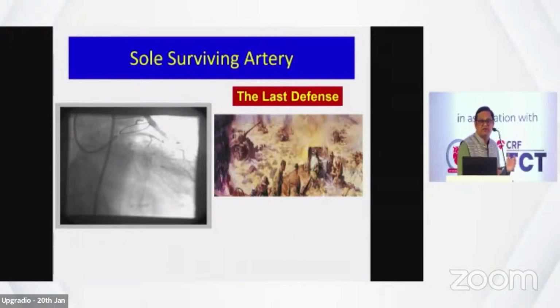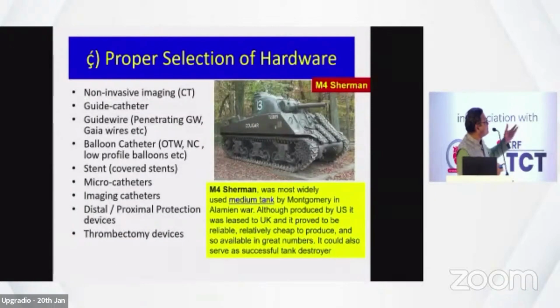Maybe not for beginners. You need seniors' help. You need more devices and more hemodynamic support in these kinds of cases. So don't rush to do those cases. Then, of course, proper selection of hardware. You could even do a CT before going for the actual procedure, and through CT you can see the course of the vessel, where calcium exists, and where you might encounter problems.